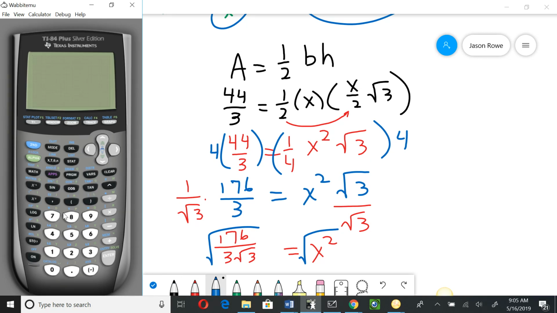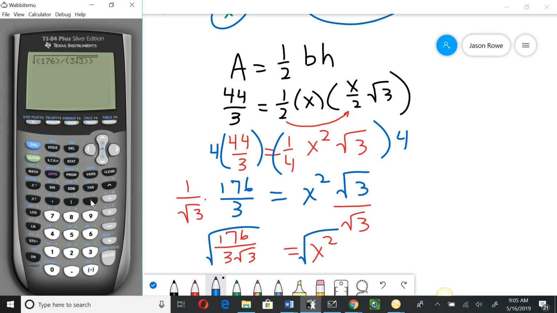So I'm going to take the square root, and I've got a fraction here, so I'm going to be careful. I'm going to do 176 in parentheses, divided by, and again I want to put this in parentheses, 3 times the square root of 3.